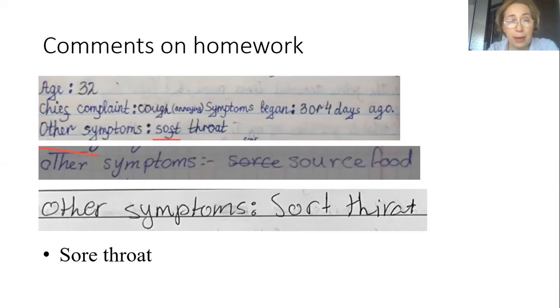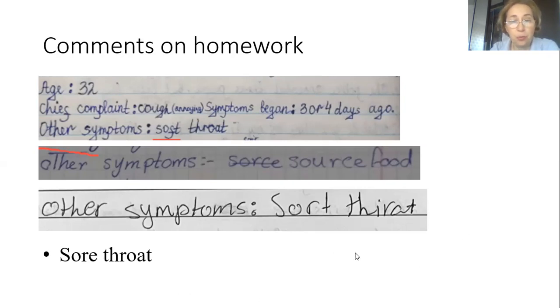On the line for other symptoms, there were such phrases as you can see on the screenshots, like soft throat. Okay, soft throat is okay. The student understands the location of the problem of pain, but if the student writes like source food, it's just ridiculous.